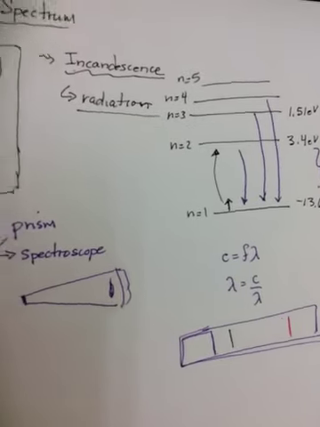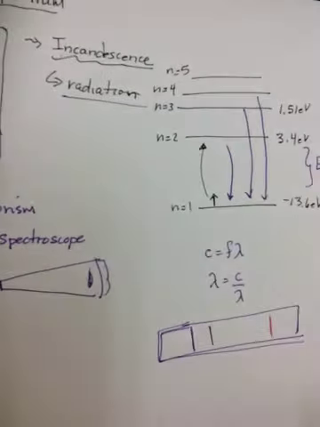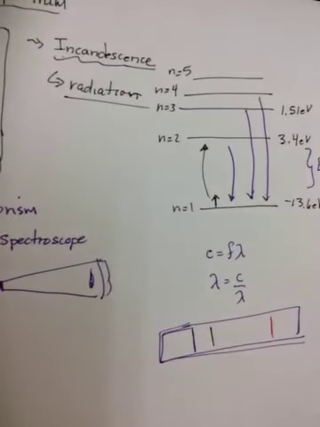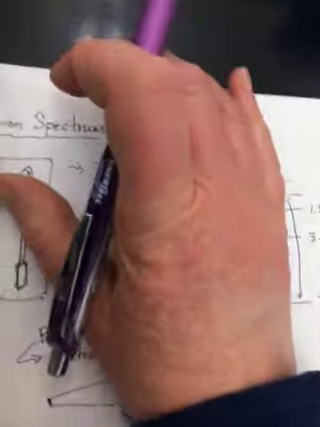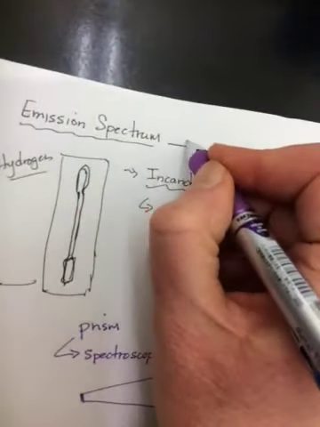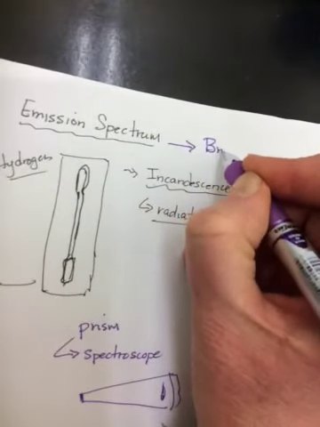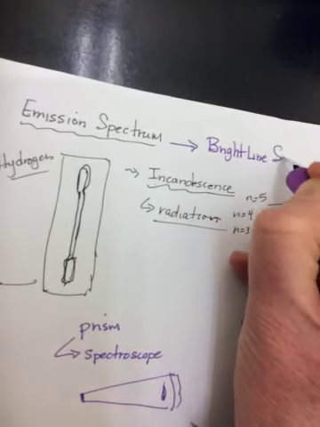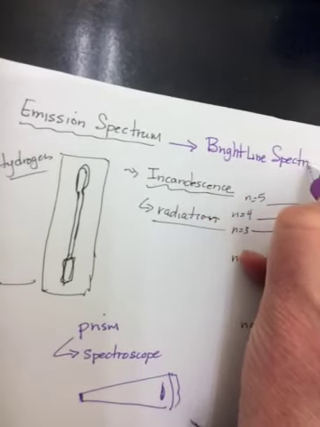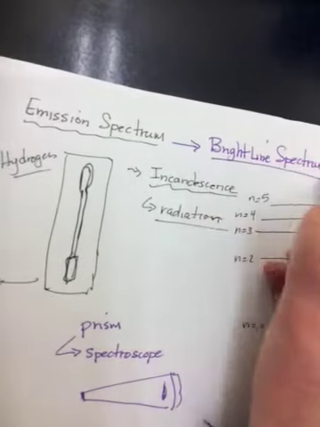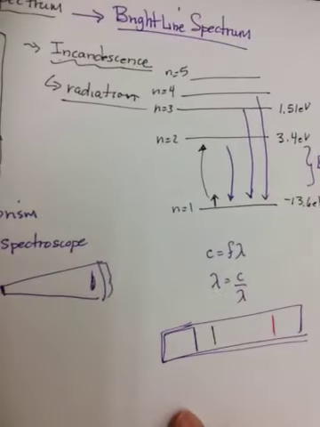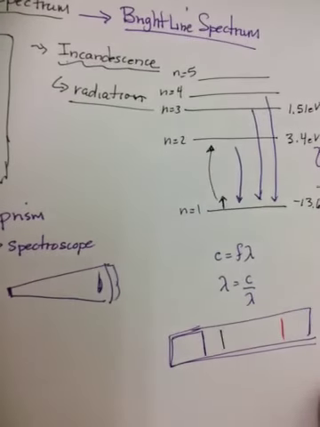Okay, so going back to this emission spectrum, emission because it's being given off, what you're going to see is a series of bright lines. So the emission spectrum is often called the bright line spectrum because it's a black background with the bright lines of the photons that are being emitted as the electrons fall back down.